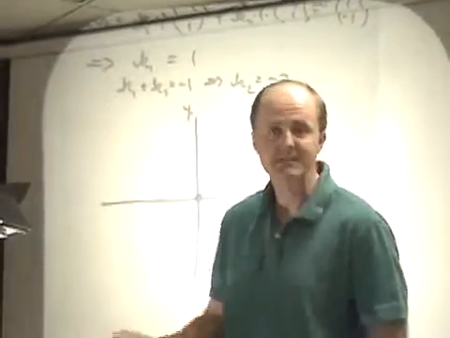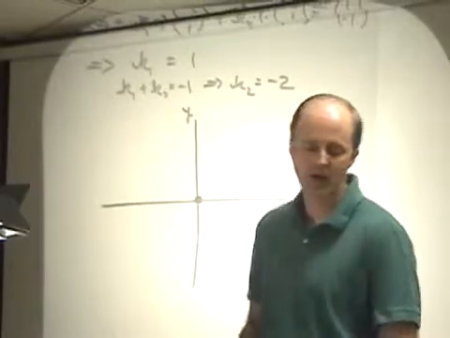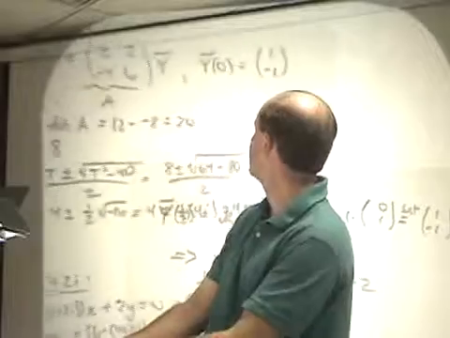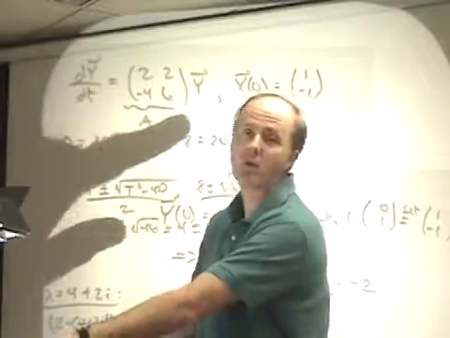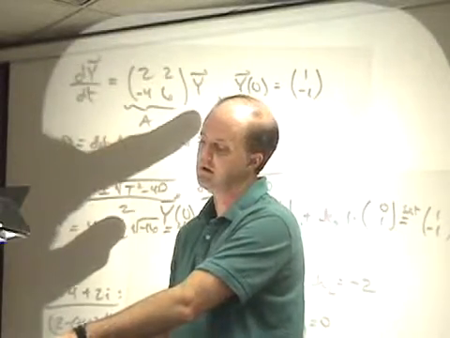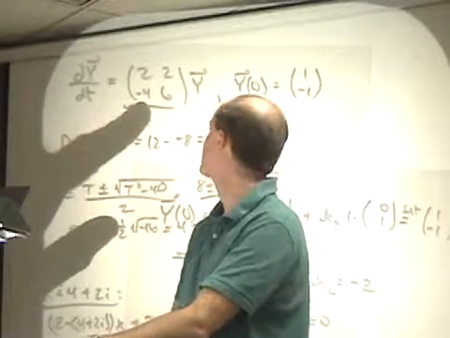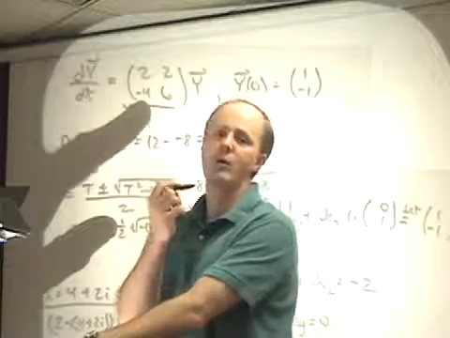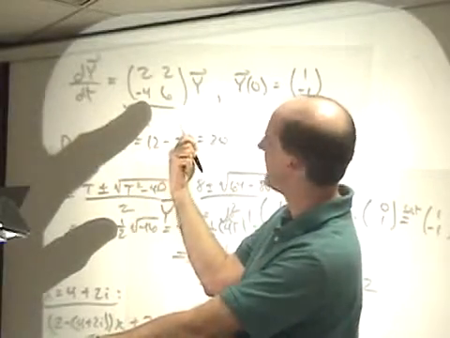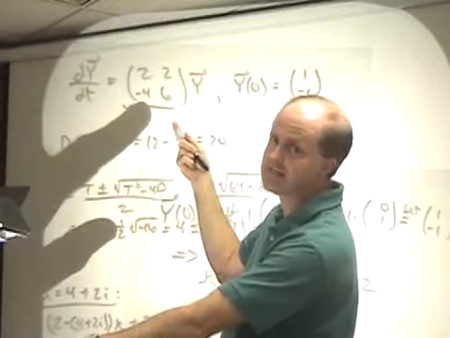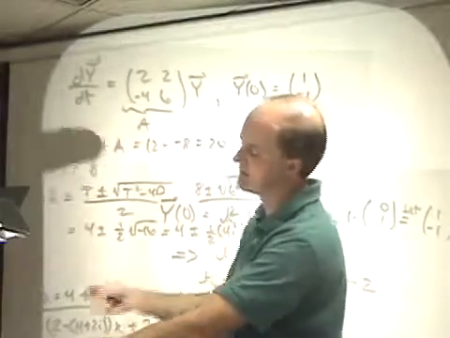Another issue, though, is do they spiral clockwise or counterclockwise? The easiest way to think about that is to imagine plugging in, say, the point 1, 0 into the vector field, which will give you the vector 2, negative 4 out, the first column of this matrix. The vector 2, negative 4 points, if you put it at its base at the point 1, 0, downward into the fourth quadrant.